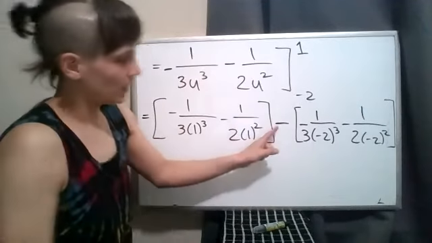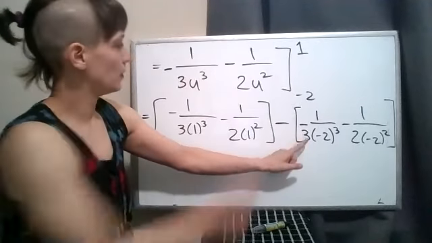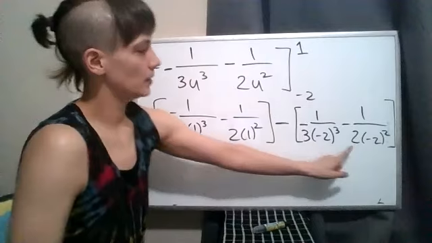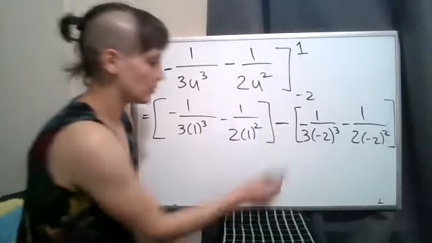Just checking. Minus negative. And then just keep simplifying.